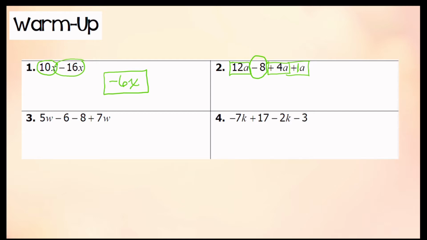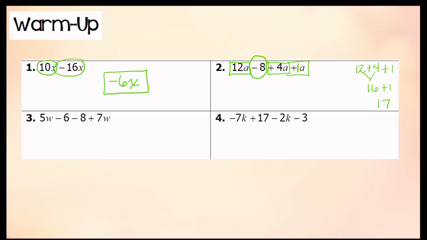So when I go through and look, 12a. So I'm going to do 12 plus 4. If you need to on your side, guys, go do 12 plus 4. But I also have this 1. So 12 plus 4 is 16 plus 1 is 17.